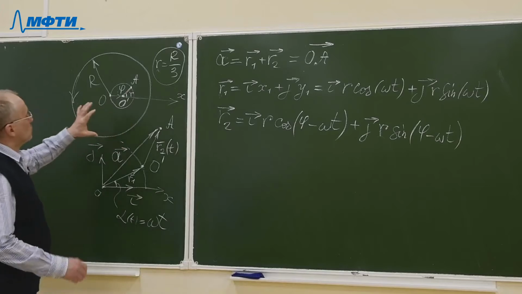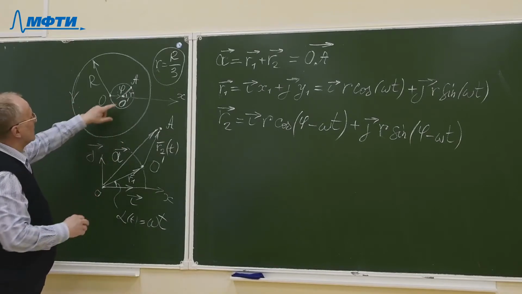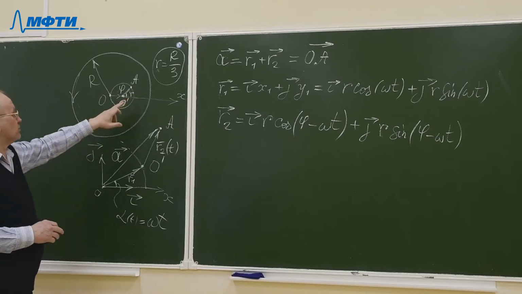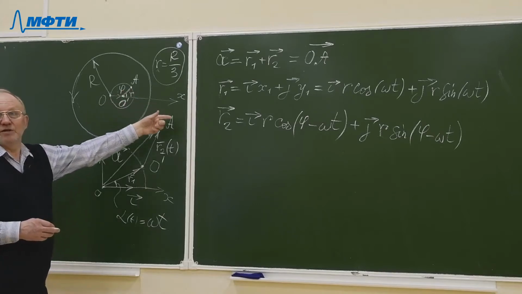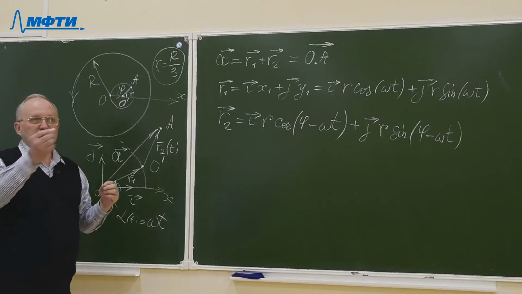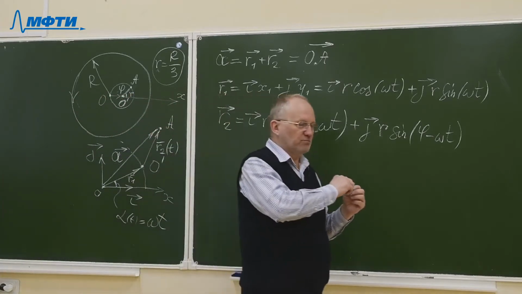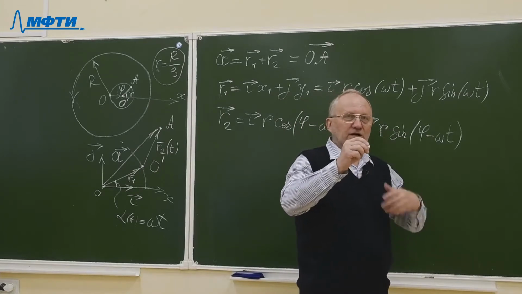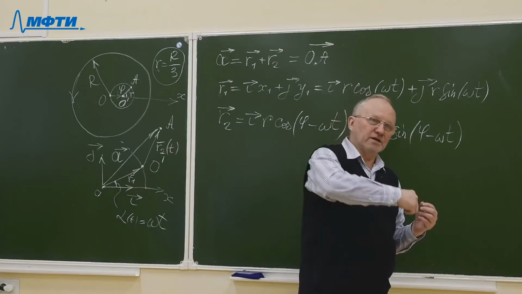It's as if you shoot a video clip about the motion of point A, and then you watch this video, you run it forward, and then you run this video backward. You will see the same trajectory of the motion of point A, but the first time the point A will move in one direction, and when you run the video in the opposite direction, you will see the point running in the opposite direction.